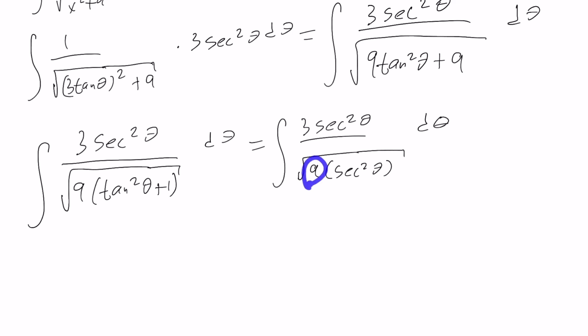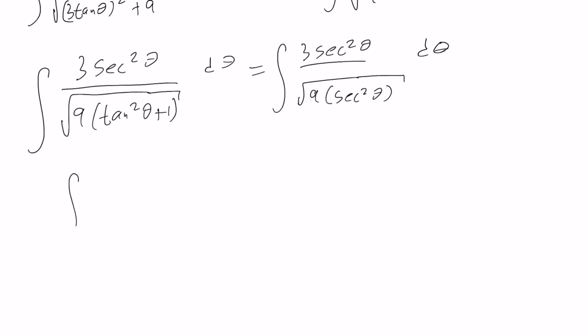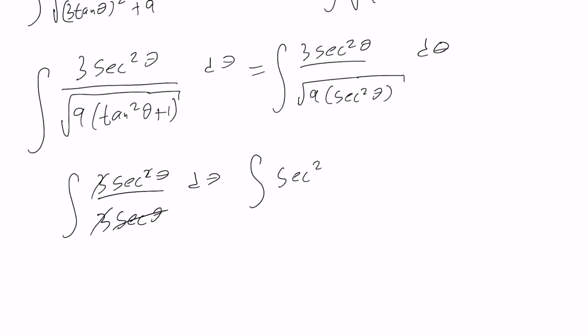Both of these, 9 and secant squared theta, are squares. 9 is 3 squared, and secant squared is obviously secant squared. So we get an antiderivative of 3 times secant squared theta over 3 times secant theta d theta. Those cancel out, and this becomes an integral of secant theta d theta.